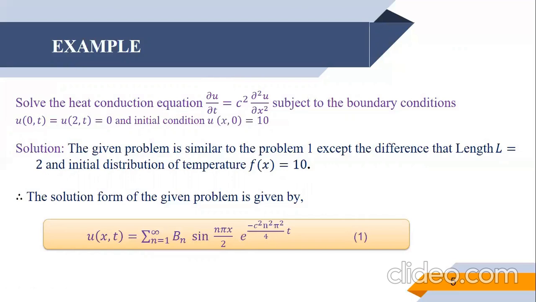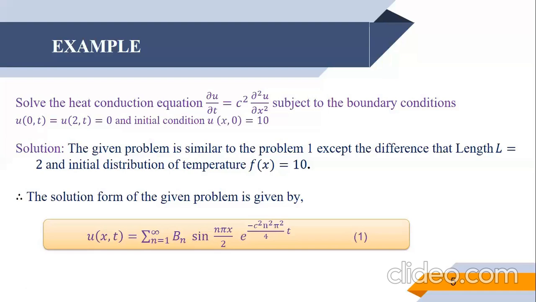And in the previous problem, for the initial distribution of temperature, we considered the general function f(x). Here, the initial condition is given as 10. So f(x) is equal to 10, length L is equal to 2. When x is 0, the temperature is 0, that means the left end. When x is equal to 2, again the temperature is 0, the right end. So both ends are held at 0 temperature.